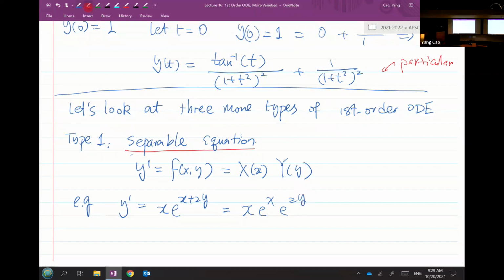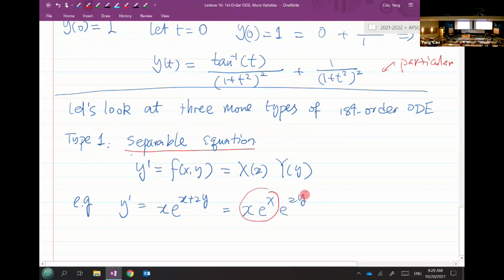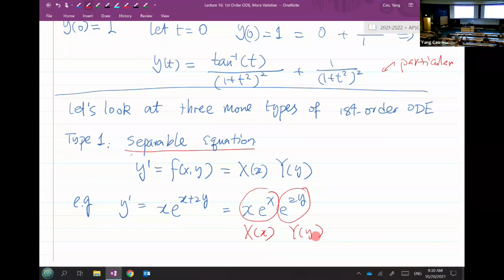Obviously, you have a multiplication of two functions. The first function is a function of purely variable x. The second function is a function of purely variable y. That fits into this type 1 separable equation format.